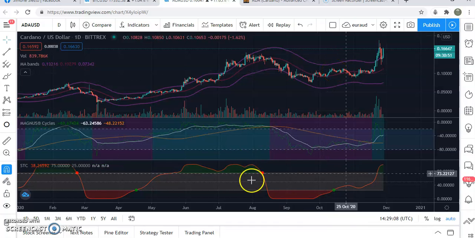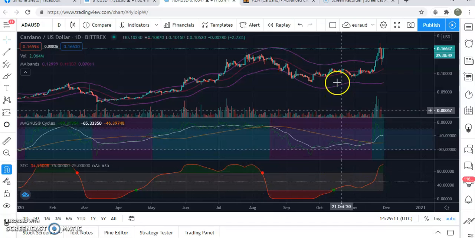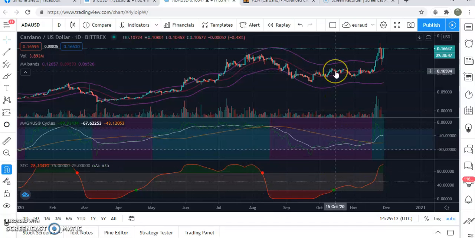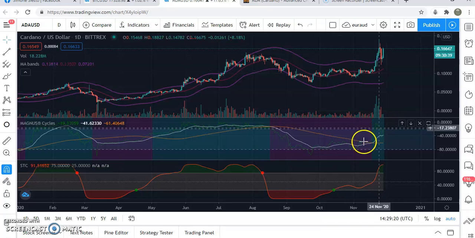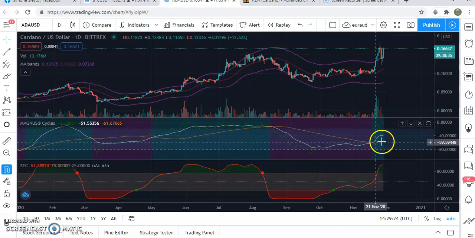Again, even in this case, I've changed the parameters in order to better understand the underlying cycle which is ruling Cardano. Now what we see here is that the white curve has crossed above the orange one, and now the derivative is positive, while the orange one is still horizontal.